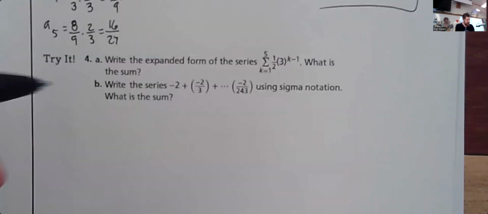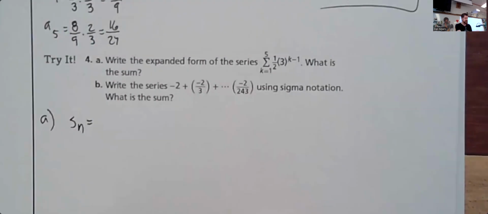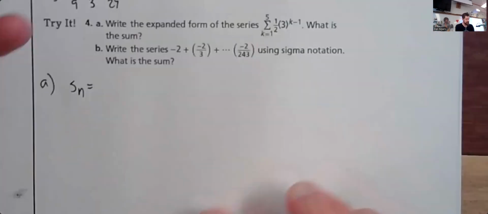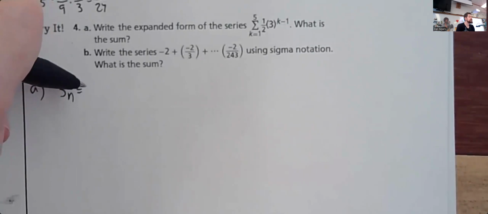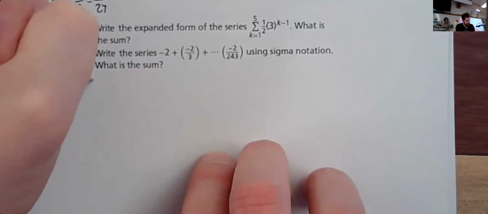So here we go. For A, S sub n, what does it equal? Give me the expanded form. That's this right here. What do we write on the numerator? What's our a sub 1 value? What's the first term in the sequence? 1/2.